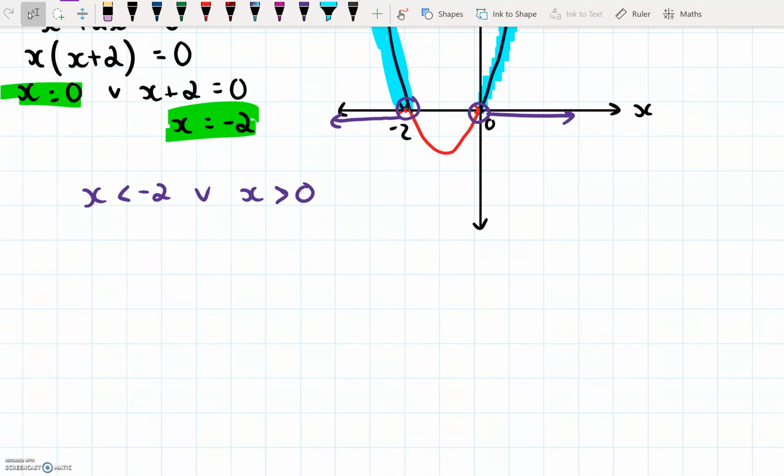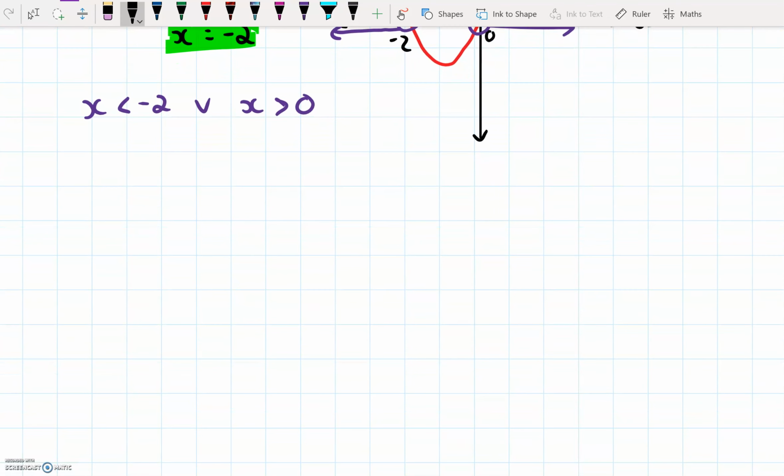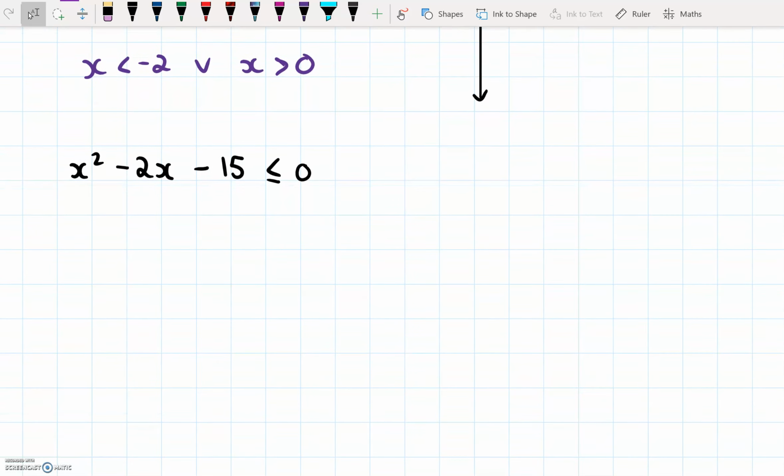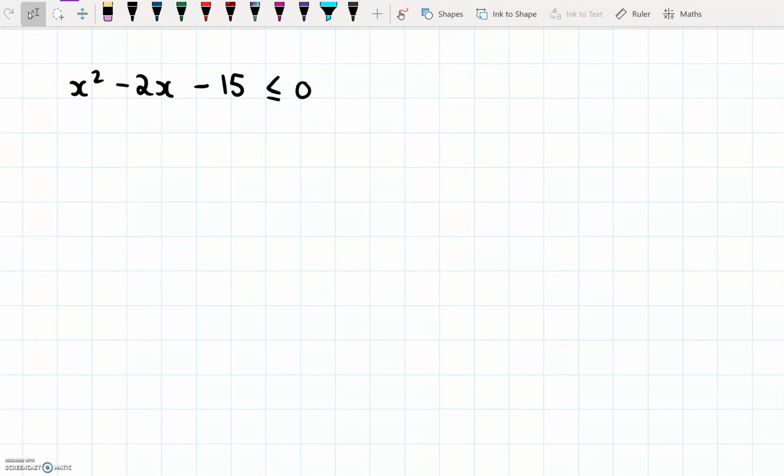Let's do another one for an example. Let's say that we have x squared minus 2x minus 15 is less than or equal to 0. Again, the first thing we need to do is find what those x-intercepts are.